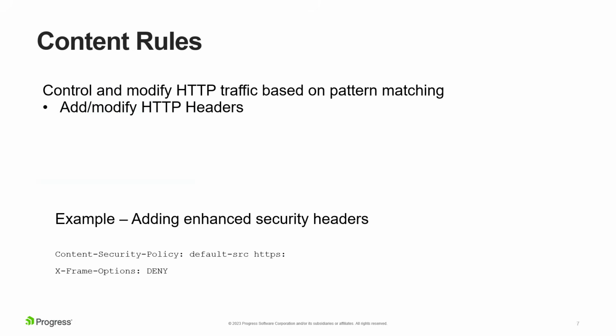It may be that your application at the back end doesn't support this, or it's difficult to manage across multiple different servers. You can do it all in one place with LoadMaster. You can create a policy outside the LoadMaster and apply it via API across multiple LoadMasters, so you've got consistency of application as well.